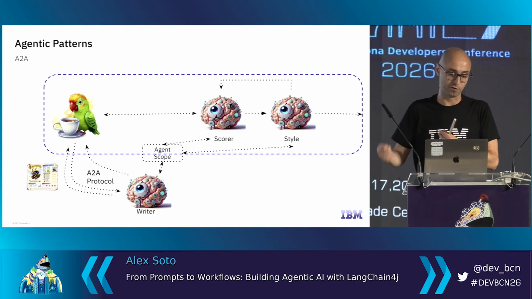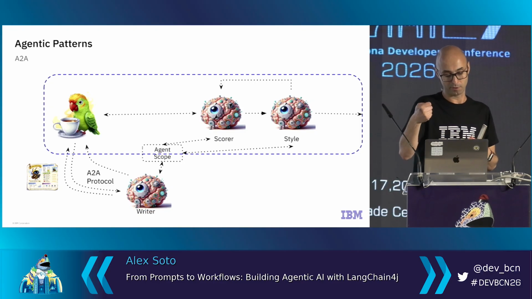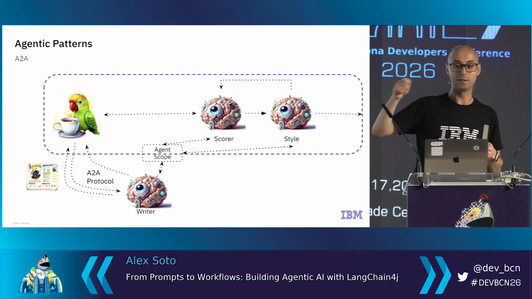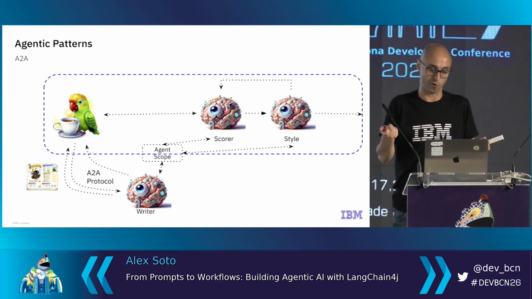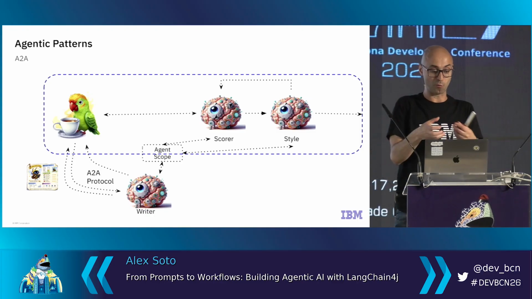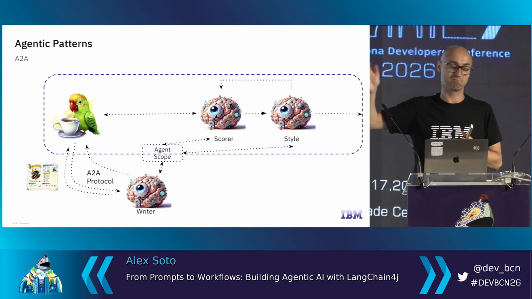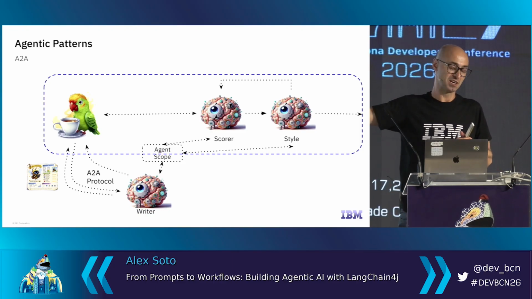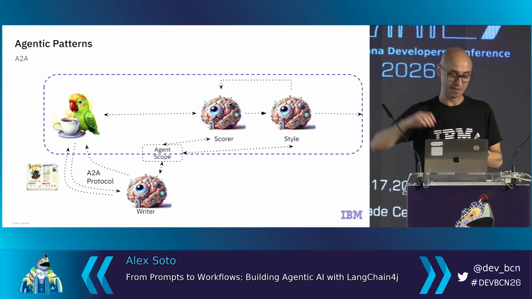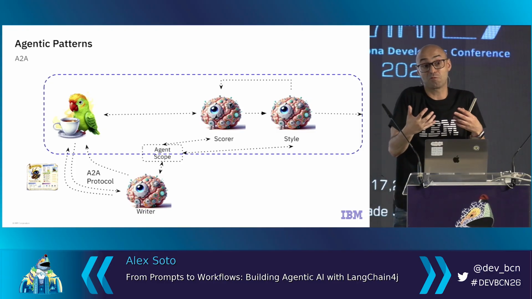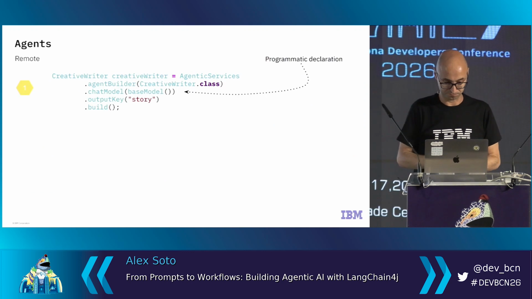The writer agent will return me a result using the A2A protocol, and then I will start this looping of scorer and styler till the book is correct. But the key point here is that the writer is out of my application. It's usually on any HTTP remote site, and the scorer and the styler are part of my application.